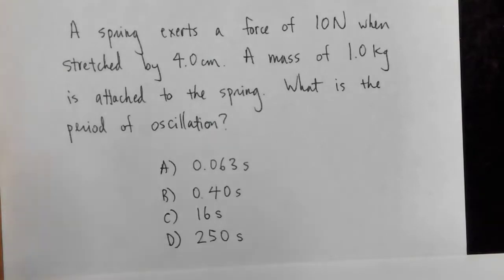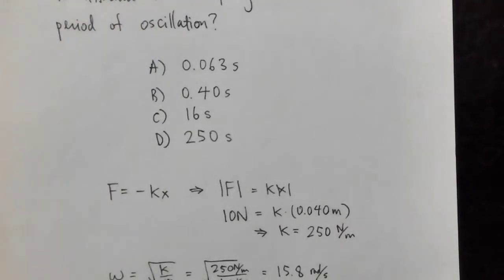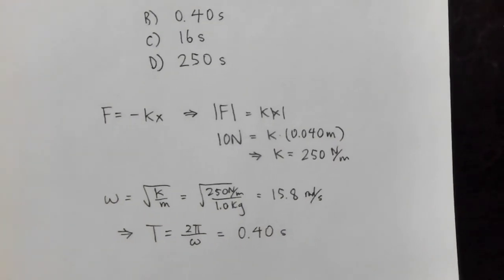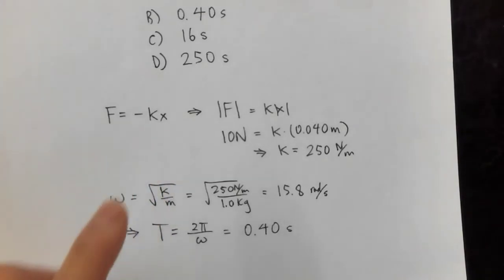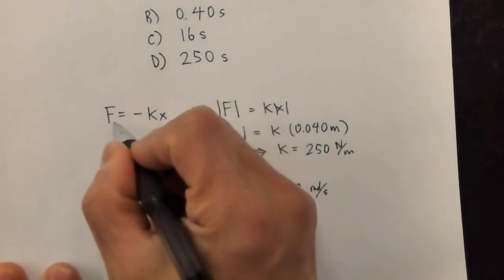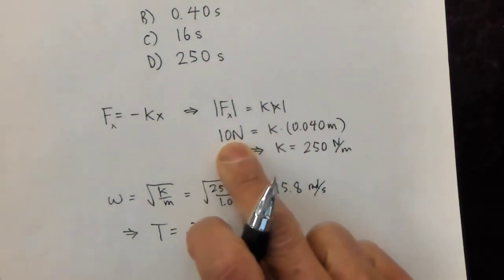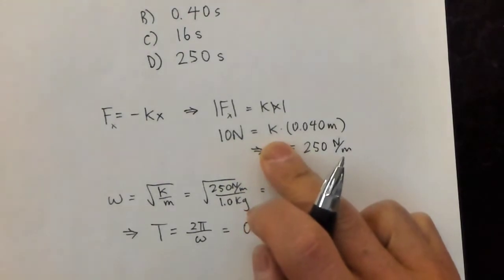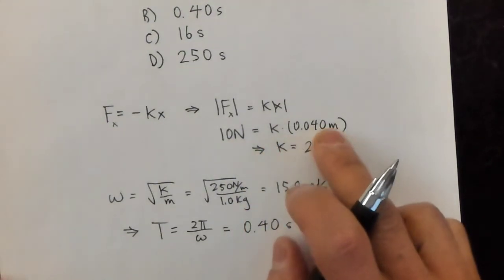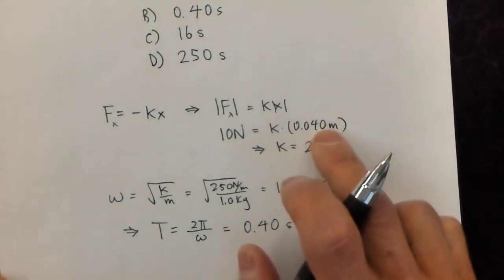Let's take a look. So we have force from the spring. That's the x component of the force, and the magnitude of the force is 10 newtons. So k, spring constant, times 4 centimeters, 0.04, so you have to convert that to meters.